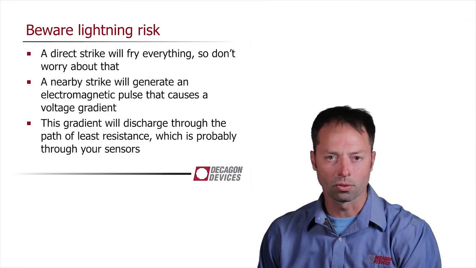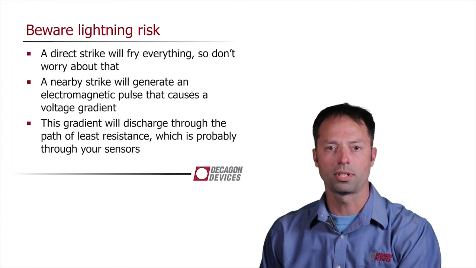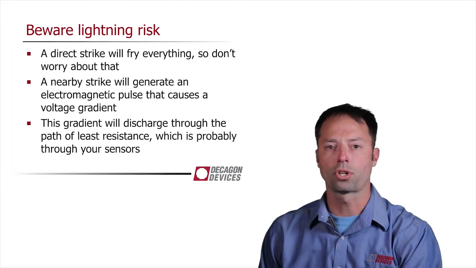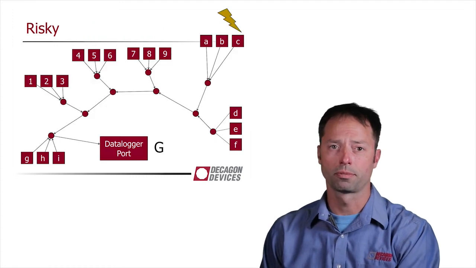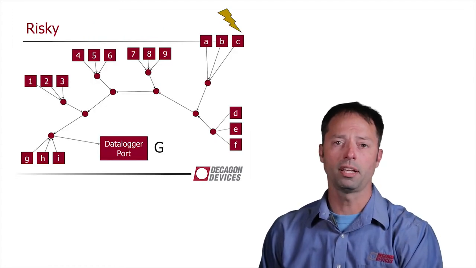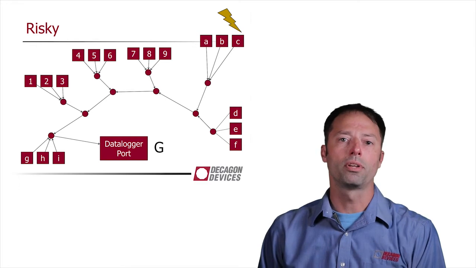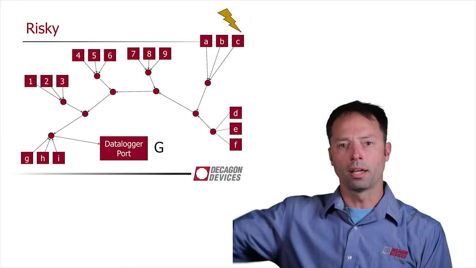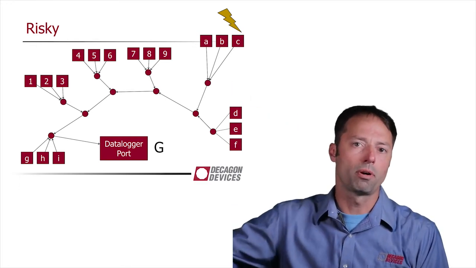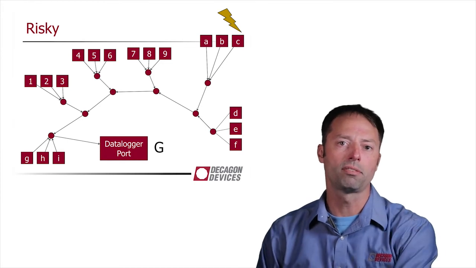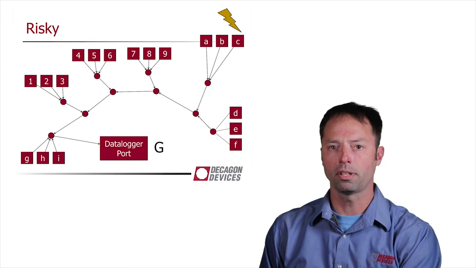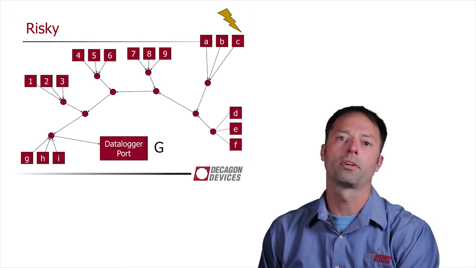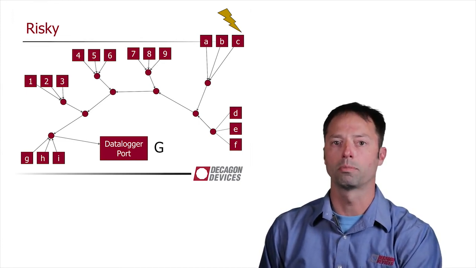And that gradient, that potential difference, is going to discharge through the path of least resistance, which is probably through your sensors. So if you get a case like this, where you have a lightning strike and you're getting a gradient from that strike through space, then the longer cables that you have, the more potential there is for problems to occur.